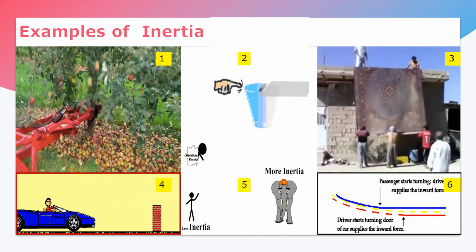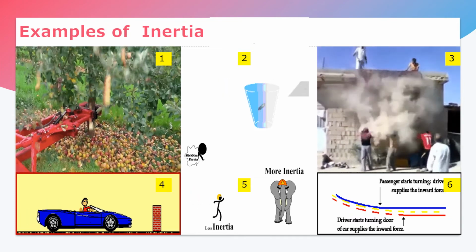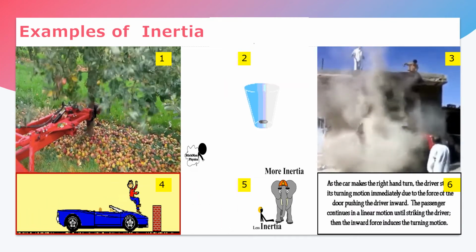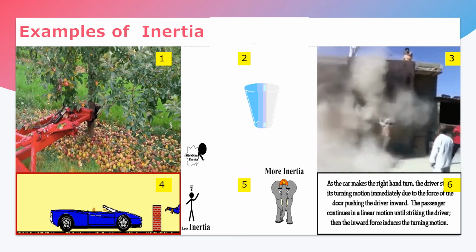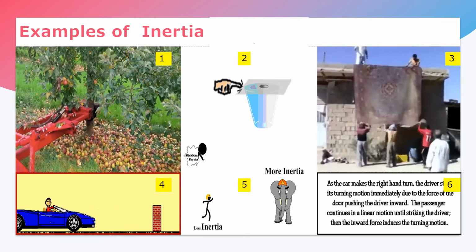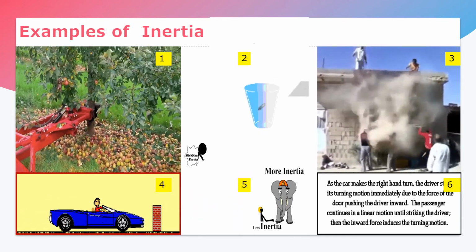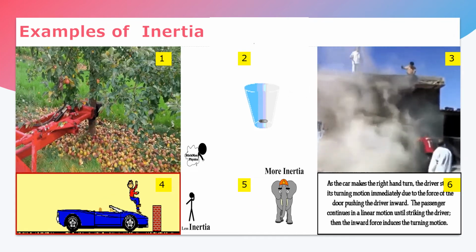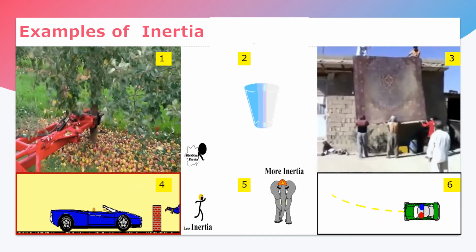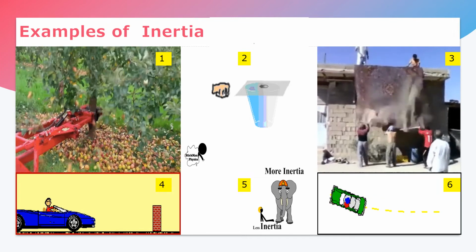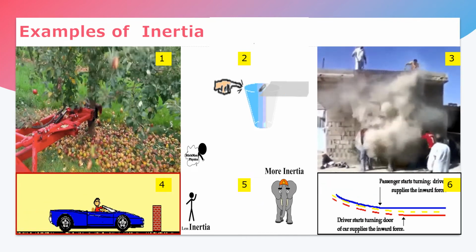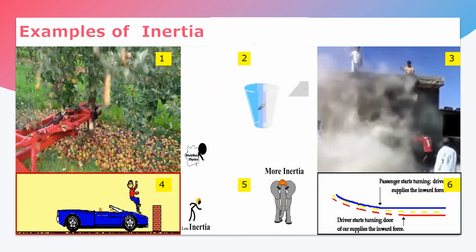This is the same reason behind the dried leaves falling down when we shake the branches of a tree. The second picture is the coin falling inside the glass when we flick the card, which I explained earlier. In the third figure, you can see some people cleaning the carpet by shaking it.